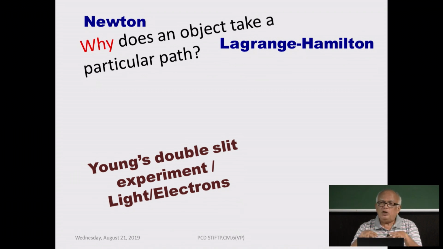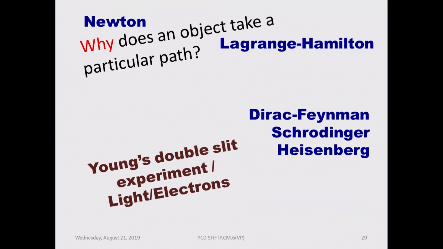So you can answer this question using quantum mechanical formulation, which is the Schrodinger or the Heisenberg formulation, but I also told you that the Dirac-Feynman path integral approach also provides you with this solution.